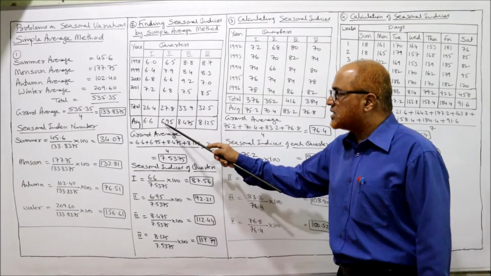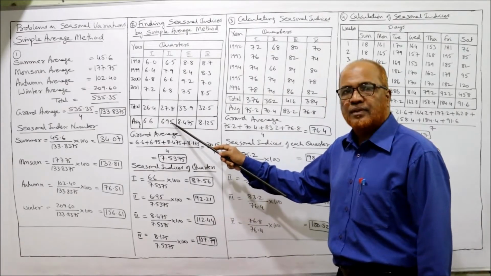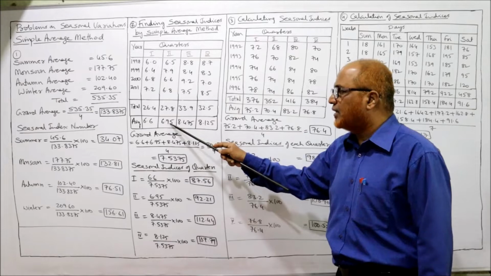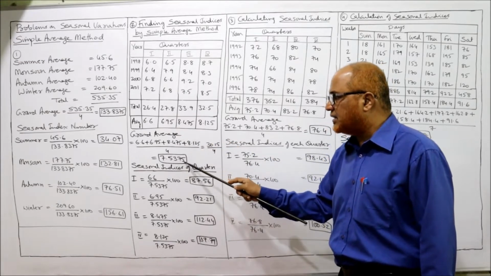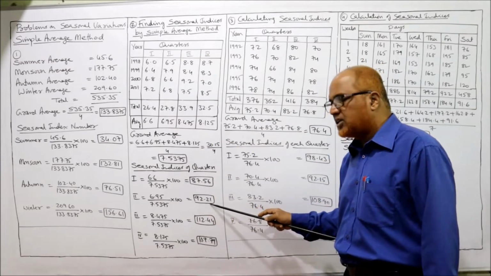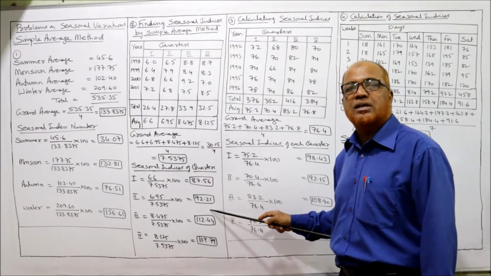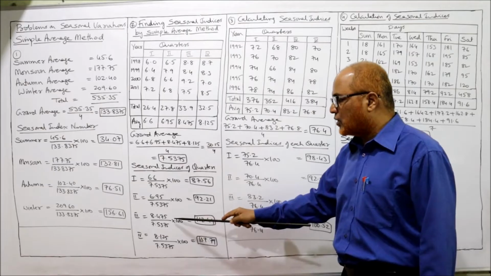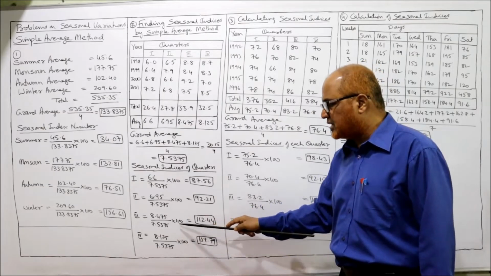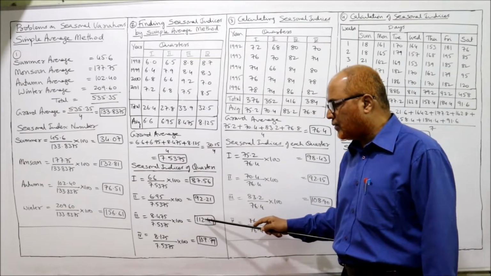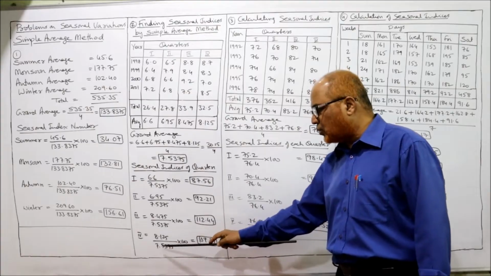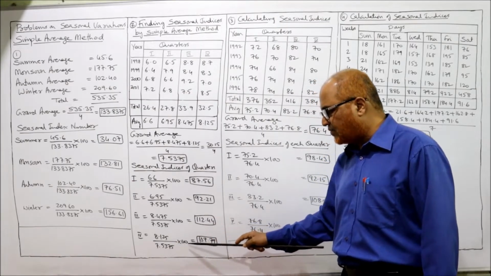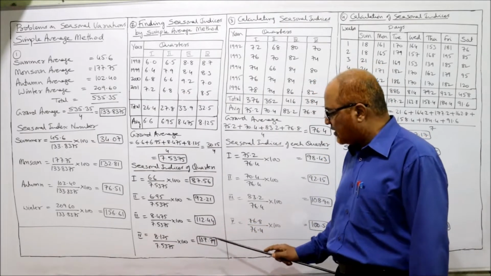Second quarter, 6.95 divided by 7.5375 into 100. 92.21 is the index number for second quarter. Third quarter, 8.475 divided by 7.5375 into 100, 112.14. Last quarter, 8.125 divided by 7.5375 into 100, 107.79.